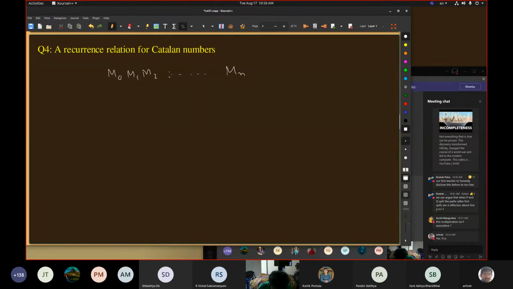And let us look at Mi plus 1, and let us say this is the last multiplication. Then I will look at in how many ways I can parenthesize this, and in how many ways I can parenthesize that, and that will be Ci, and this will be, I believe, Cn minus i minus 1.